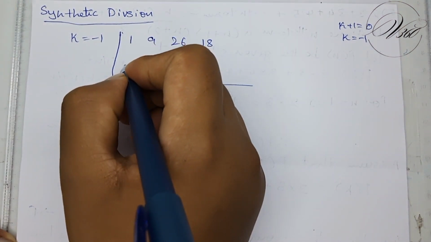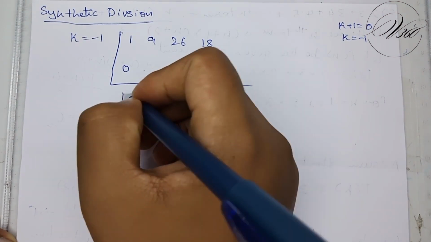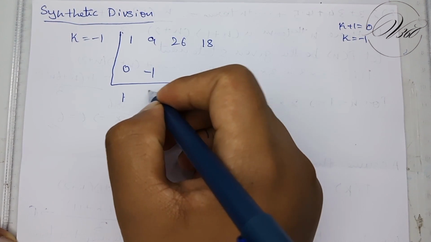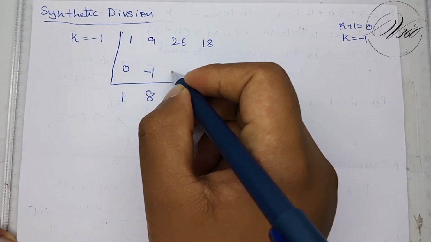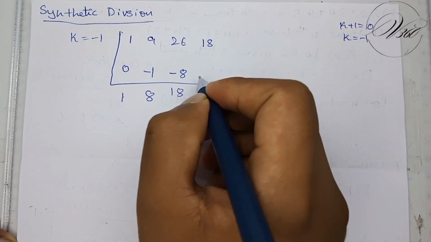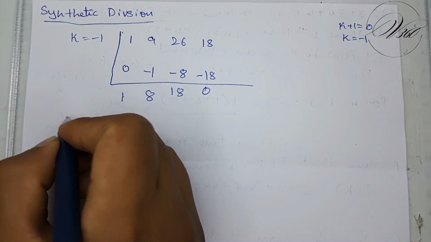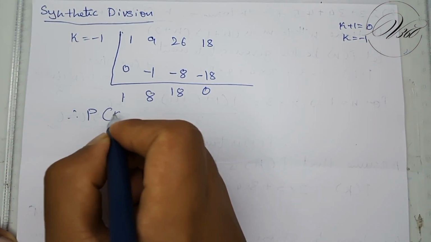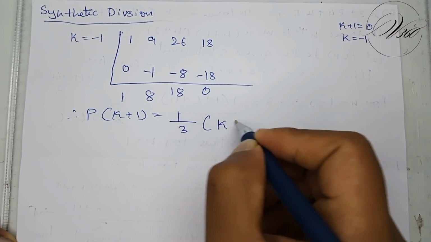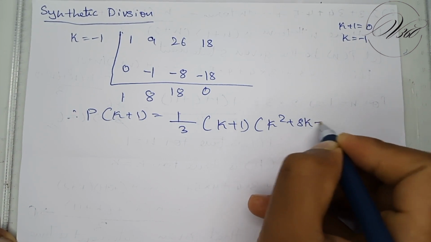Now 0 minus 1 is minus 1, 1 minus 1 is minus 1, then it is 8. 8 minus 1 is minus 8, then it is 18. Now 18 minus 18 is 0. Therefore P(k+1) = 1/3 of (k+1)(k² + 8k + 18).